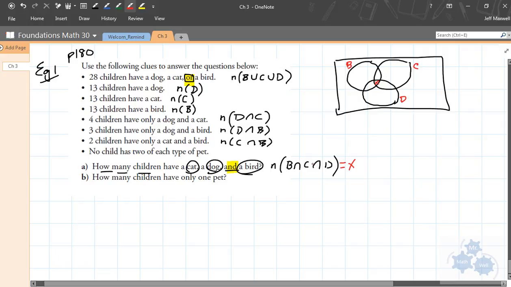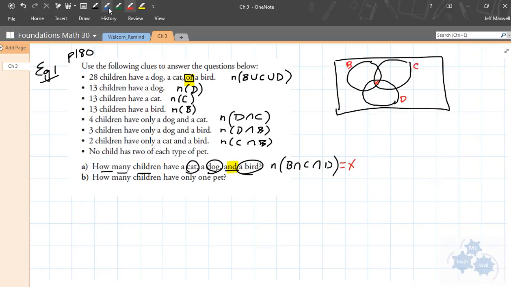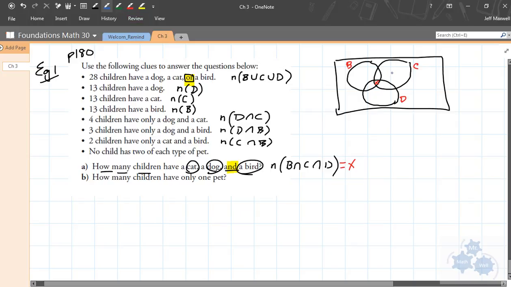All right, so if we're trying to find this right here, how do we go about writing an equation for this? This is the way I'm going to suggest that you do this. All of this, B, C, or D, is going to be the number of B or C or D. Now, how would we find that?